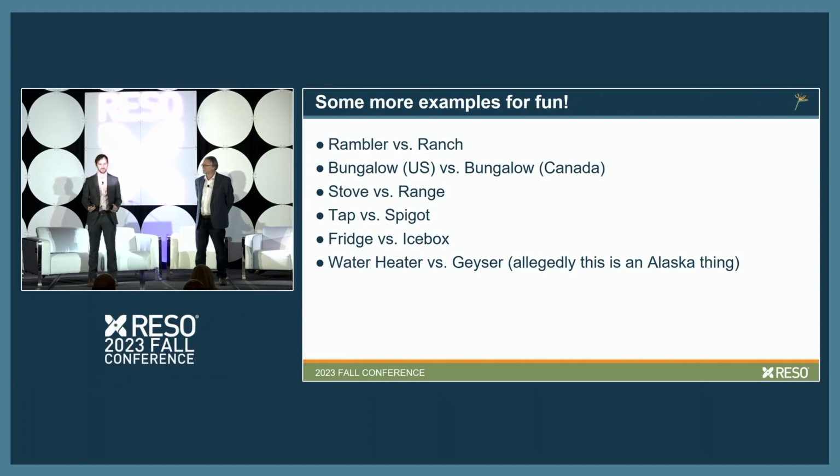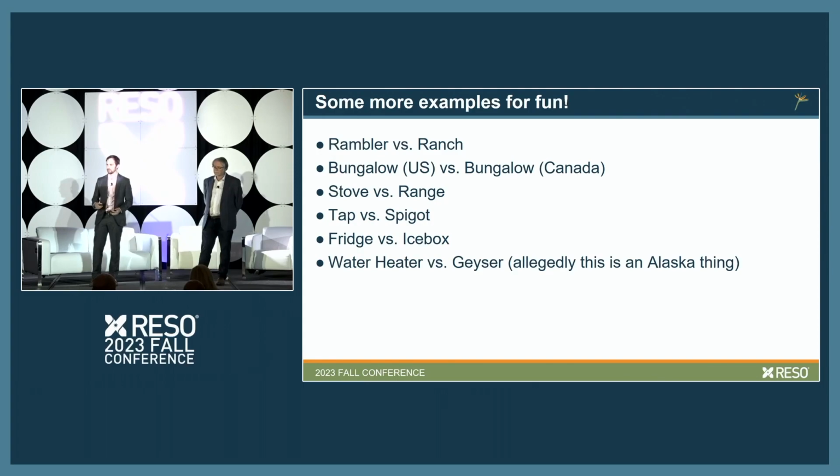So what is the term we want to use, or what can we call these things to make things just work? A stove versus a range, a tap versus a spigot, a fridge versus an icebox, or my personal favorite, a water heater versus a geyser. I got this from ChatGPT, so I don't know if they really call water heaters geysers, but I like to think they do. If anyone's from Alaska, let us know.